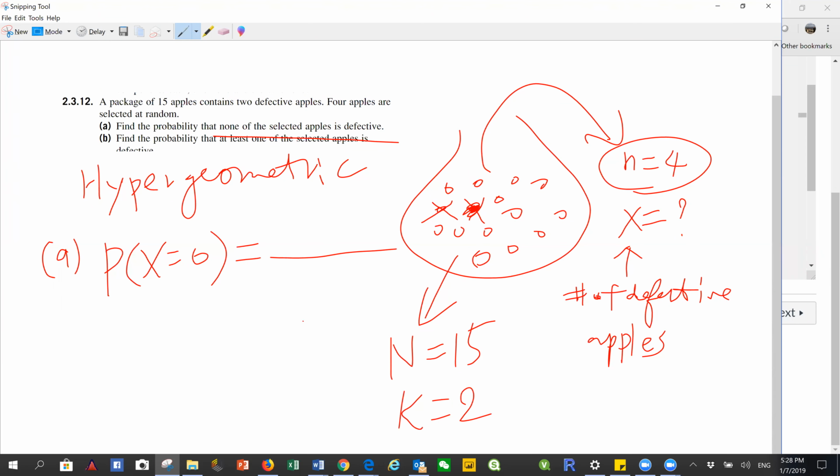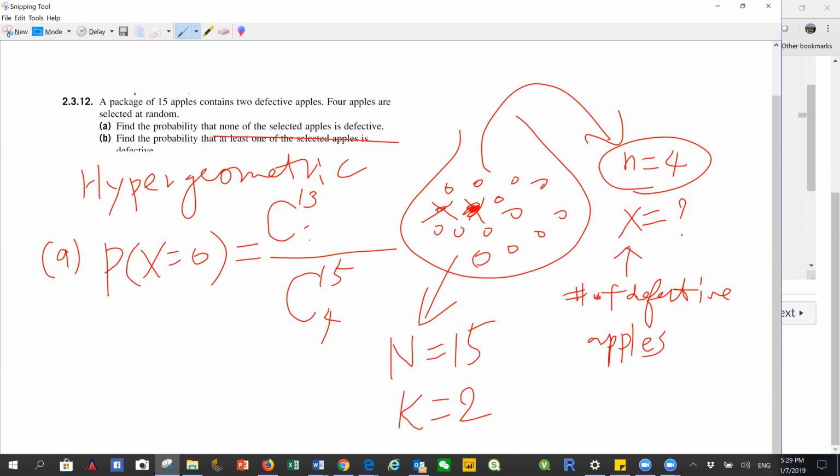To answer this type of question, you do this. The combination that out of 15 you choose 4, and how many out of the 13 which are good? Since you have 0 bad out of 4, that means all 4 must be good.